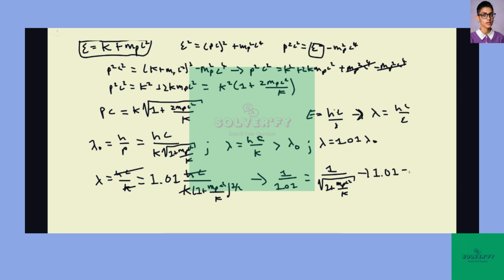So 1.01 is equal to the square root of 1 plus m_p c squared over k. We want to solve for k, so now we'll square both sides: 1.01 squared. And then rearrange it a little bit.